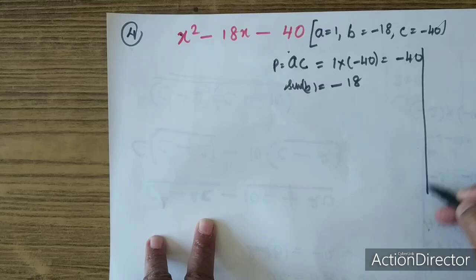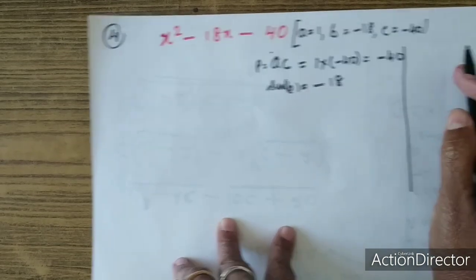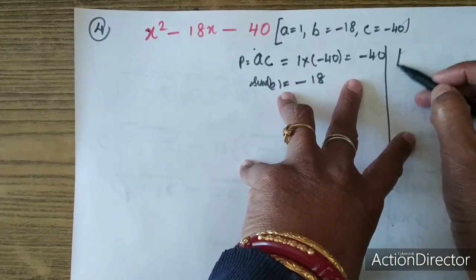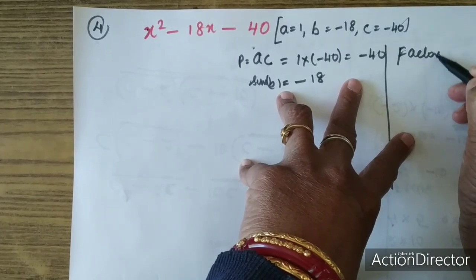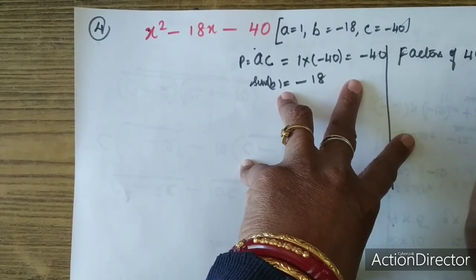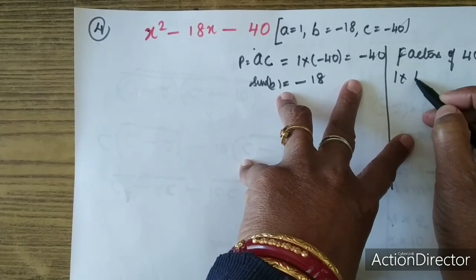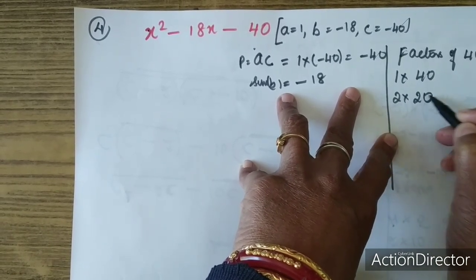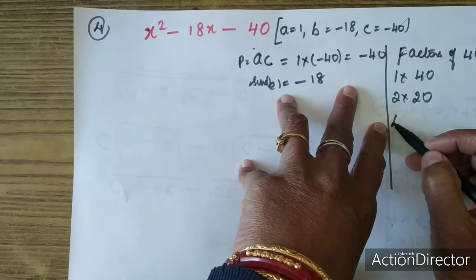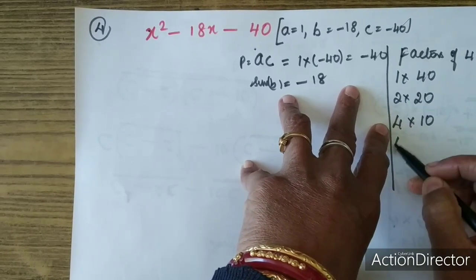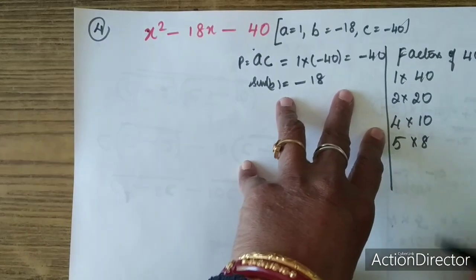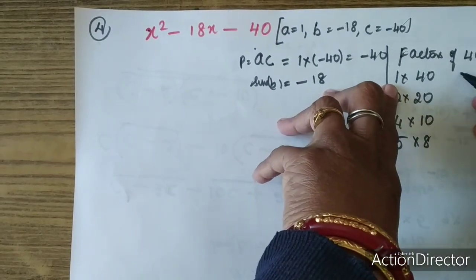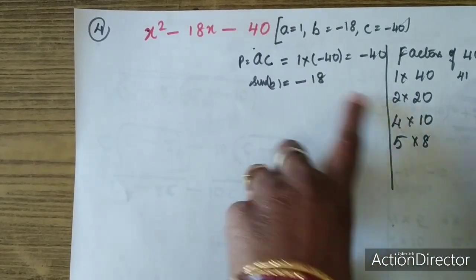After that, write the factors of 40. So what are all the factors of 40? 1 into 40, 2 into 20, 4 into 10, 5 into 8. So let us find the sum. Here it is 41, but I need 18.